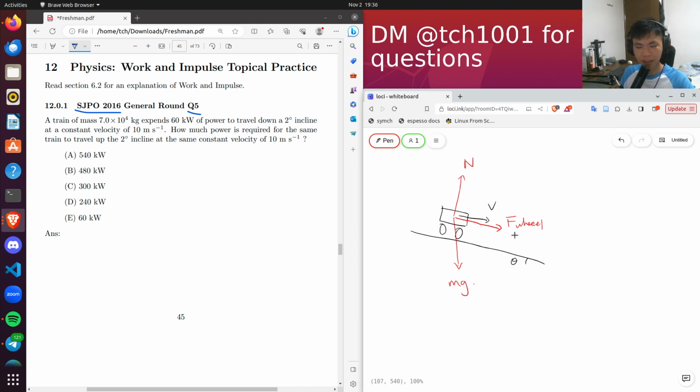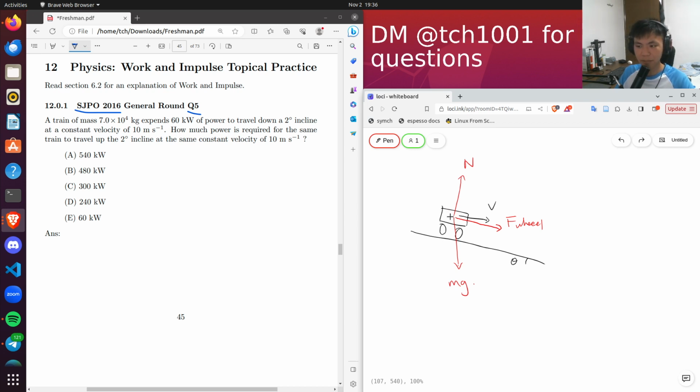So the wheels are the ones that are trying to push the train forward. And lastly, there's also friction or drag of sorts. In general, there's a bunch of sources of friction, such as friction between the crankshaft and the wheel, rolling friction, or even air drag.